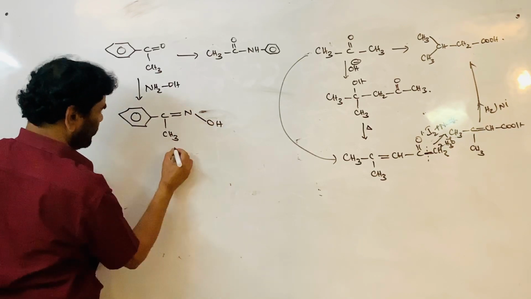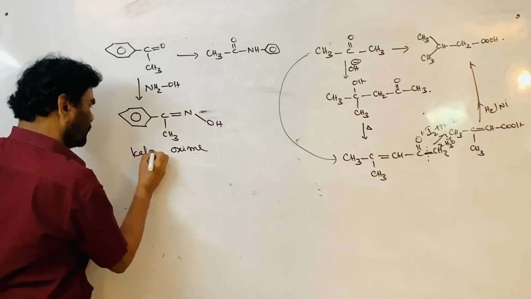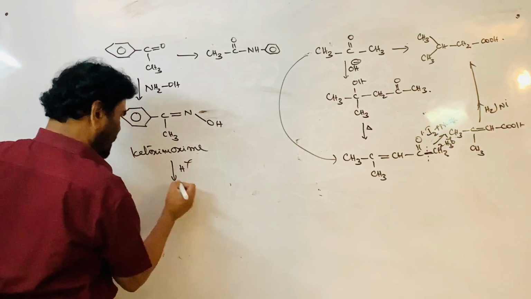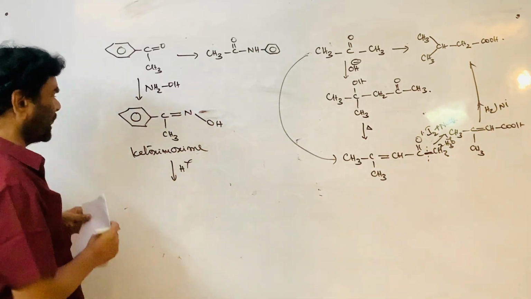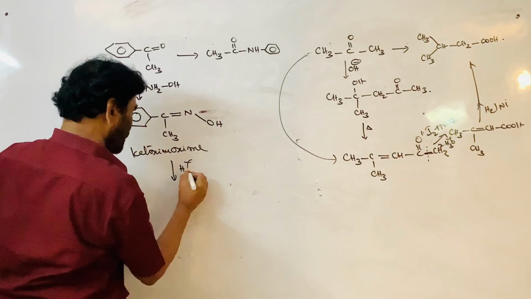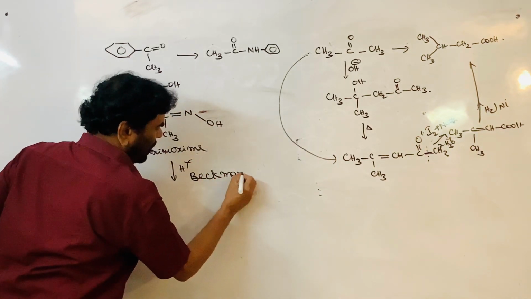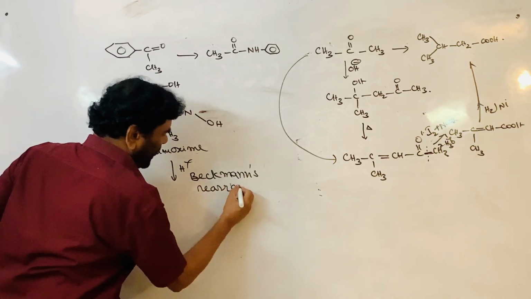Oxime is formed, a ketoxime. This, on treatment with acid, undergoes the rearrangement called the Beckmann rearrangement.